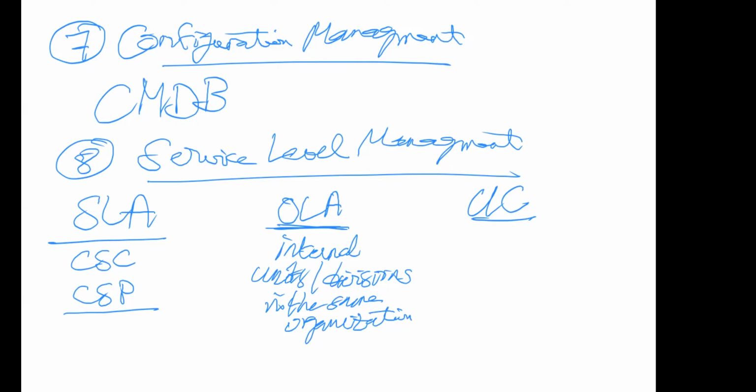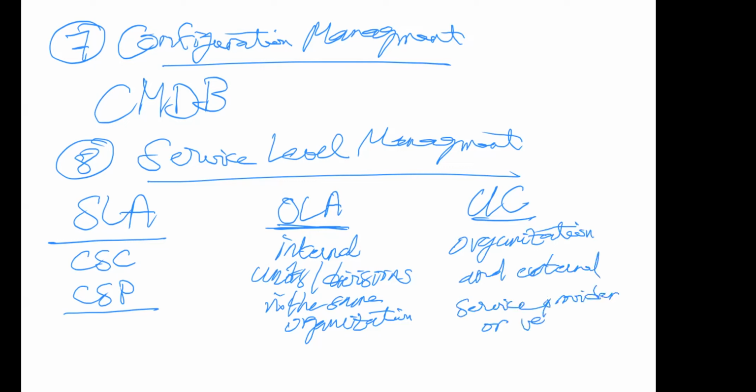What is the UC? The UC, gentlemen, is an agreement between an organization and an external service provider or vendor.